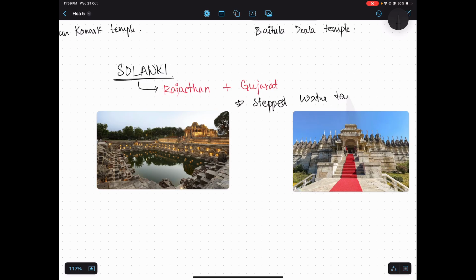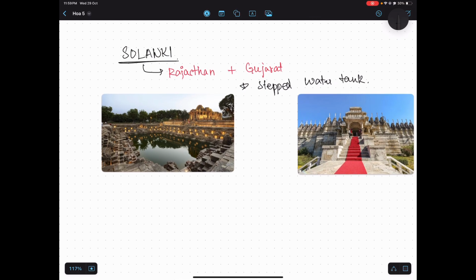Most of the Nagara style temples do not have a water tank in their complex, and the only water tanks that are mostly present in the north side are in the Rajasthan and the Gujarat region, which is the Solanki style.